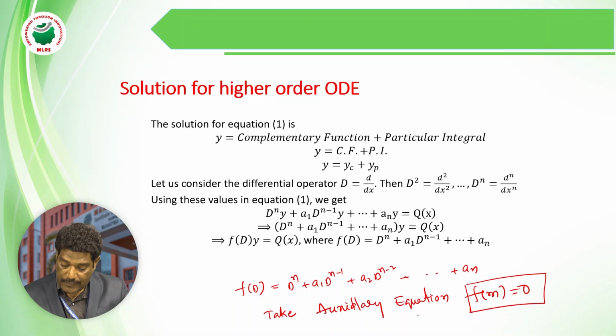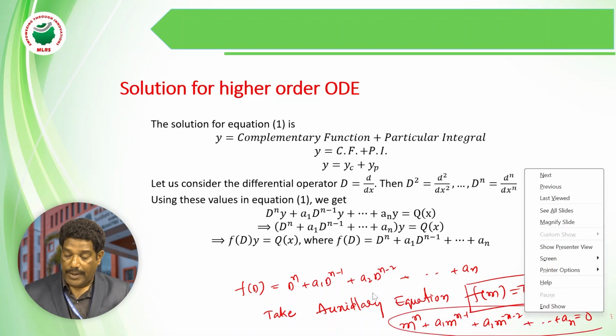That means from this we can write m^n + a1 m^(n-1) + a2 m^(n-2) + and so on, plus an equals 0. This becomes an algebraic equation of degree n.